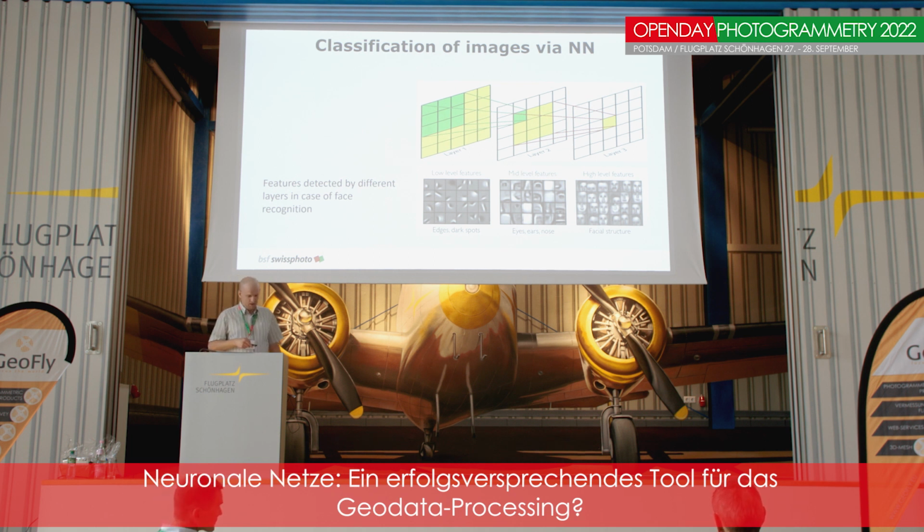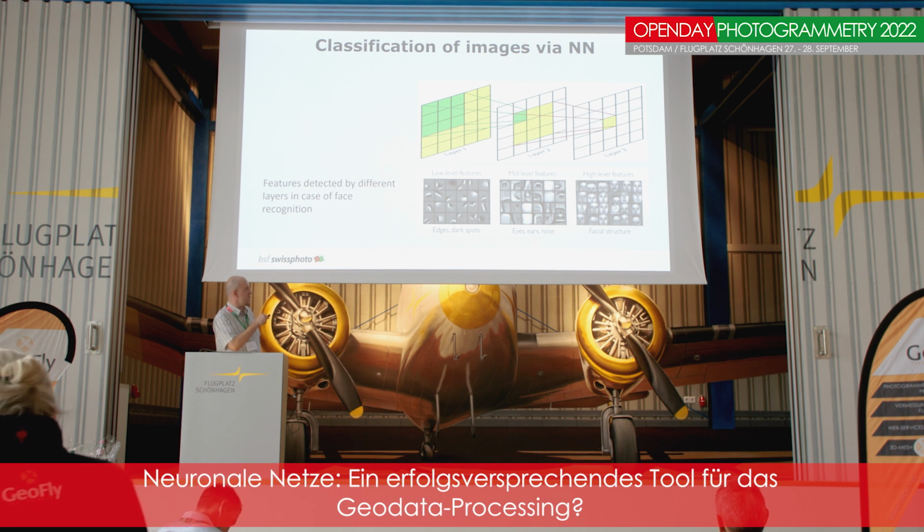After performing training, we can check which features did every layer learn, and we find out that different layers, in case of face recognition, for example, learn different features of different levels. For example, low-level features are learned here.